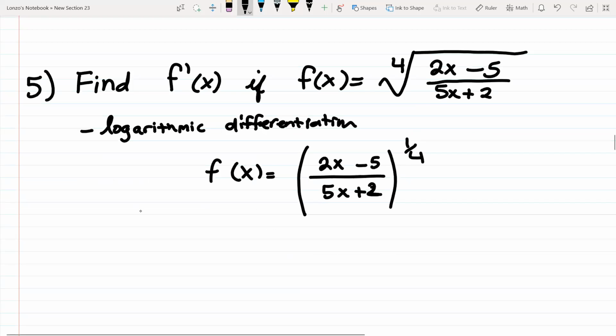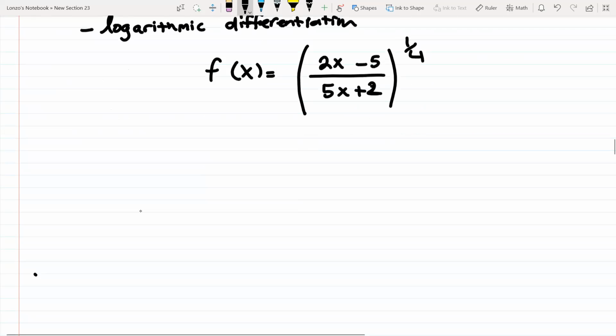So I definitely will do logarithmic differentiation. I could definitely use the power rule and then the quotient rule, but let's try something different. Instead of using f of x, maybe I'll just call this y for right now.